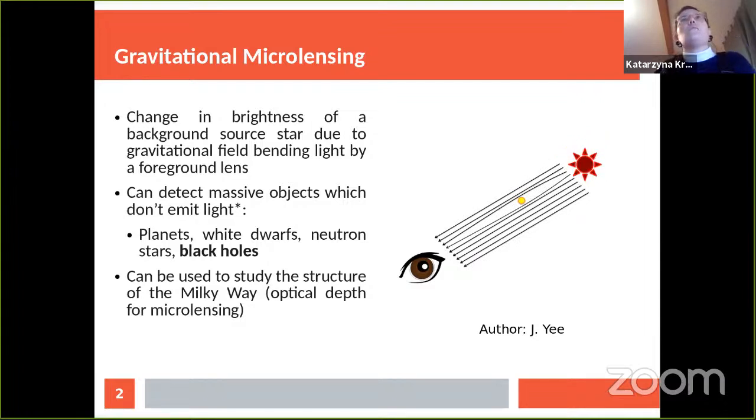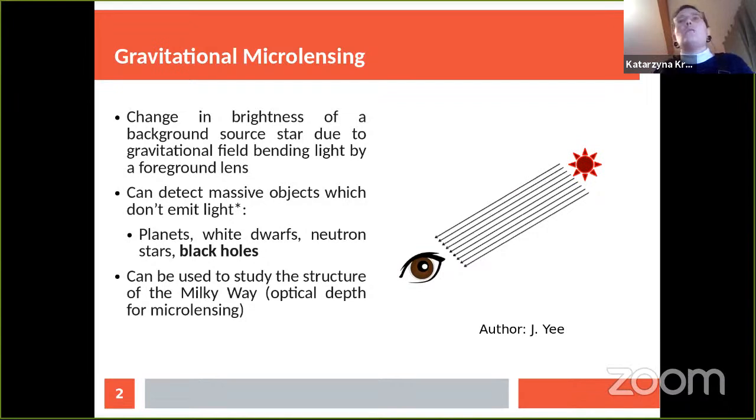However, because both the source and the lens belong to our galaxy or are very nearby, we cannot really see the deformed image of the source star unless we are using VLTI. But everything happens quickly enough that we can actually see the change of brightness, which is great because we can detect it.